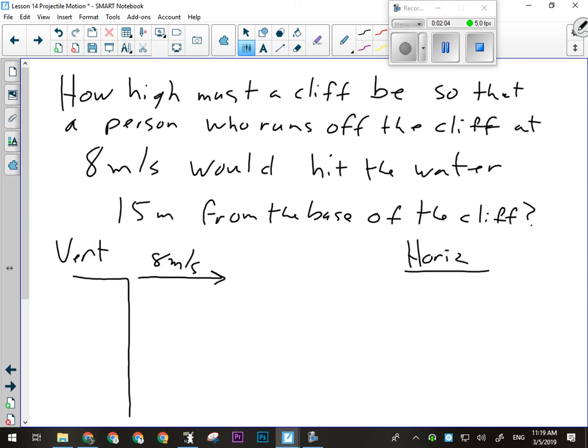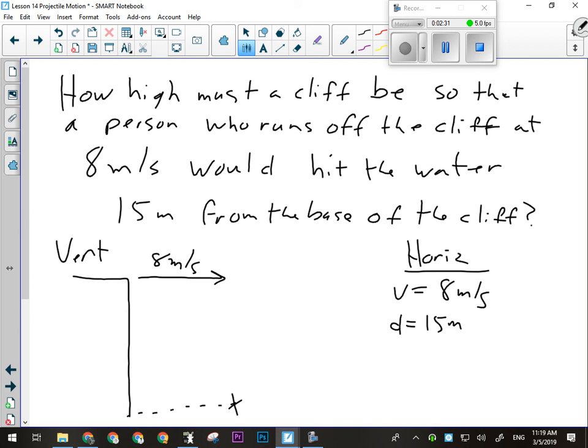Horizontally speaking, we know that the speed is 8 meters per second. And we also know that they hit the water 15 meters from the base of the cliff. Horizontal or vertical? That's horizontal because it's saying here's where they land. That's a horizontal value, 15 meters. So we know the horizontal distance is 15 meters.